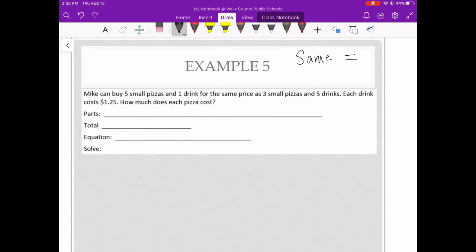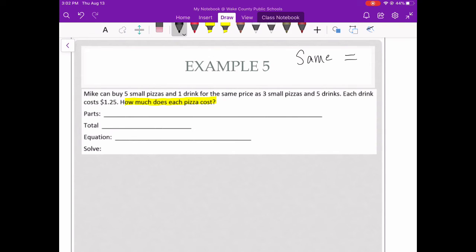All right. Right away, we're going to need to figure out each drink costs is $1.25. So we don't actually have to find that. We have to find how much does each pizza cost. All right, so let me get rid of this drink cost because we actually don't need to figure that out. I misspoke. We need to figure out how much each pizza costs. So let's start like we did previously and name our variables.